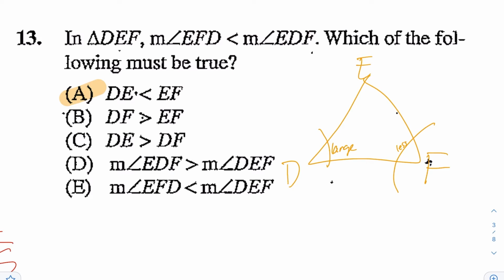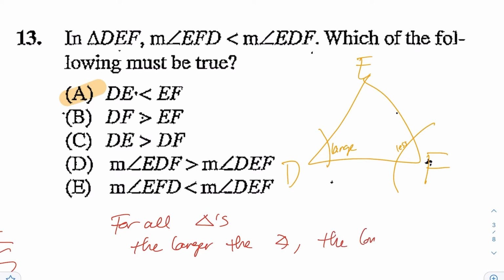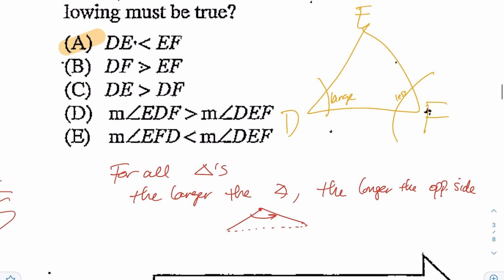Well, for triangles, the larger the angle, the longer the opposite side. And that's always true because the larger the angle is, the opposite side, in order to connect those two sides, will have to be really, really wide.